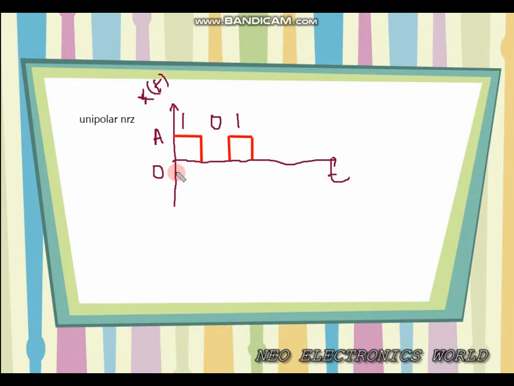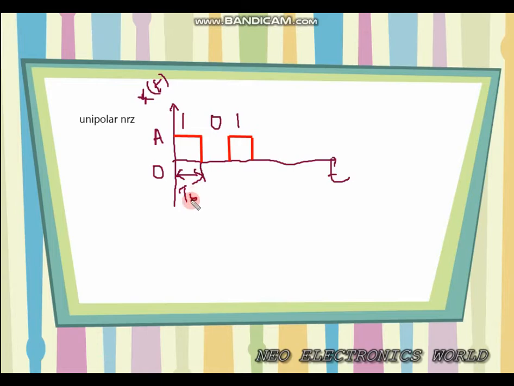X of t is A. This graph shows that the amplitude is A if the bit we have to represent is 1. This is the time interval TB.